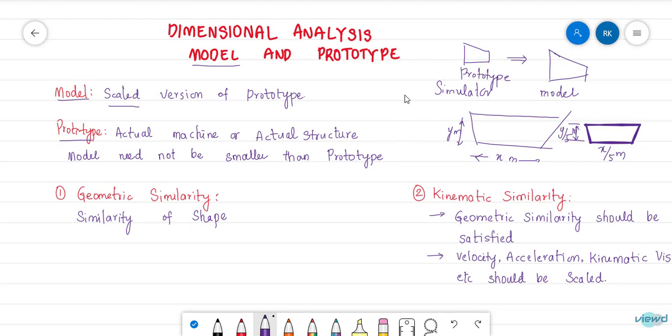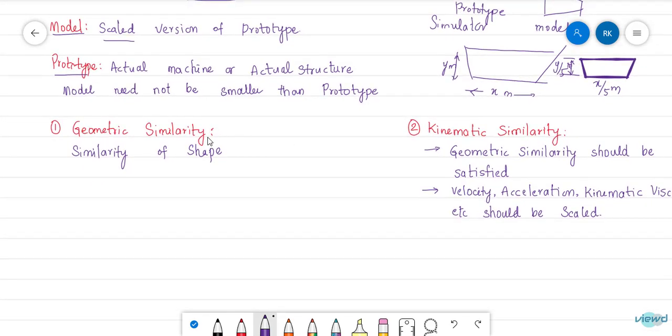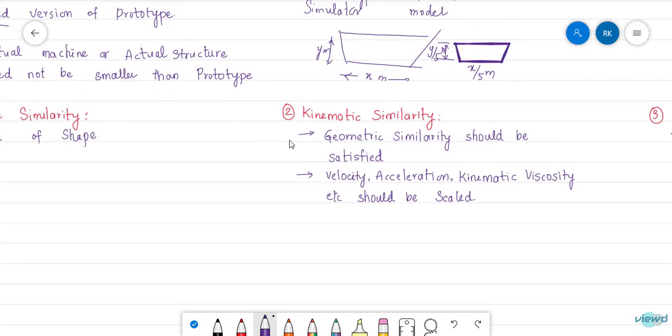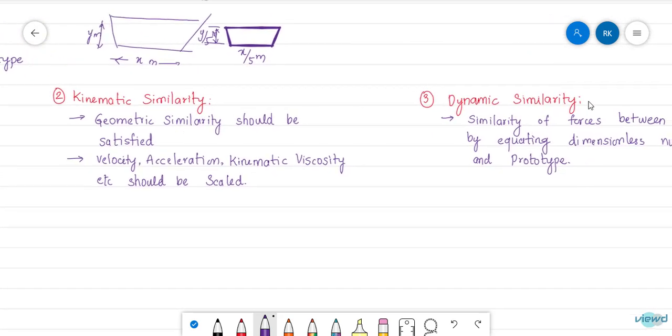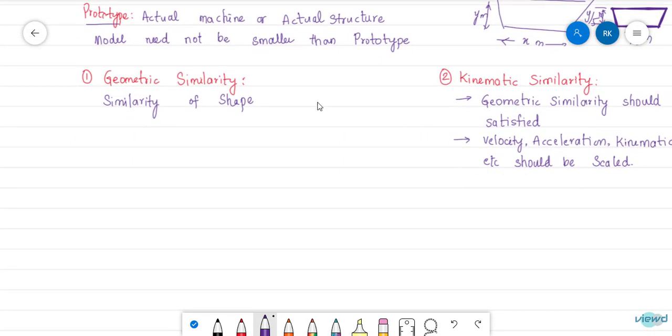So in order to design a model for a prototype, 3 conditions should be satisfied. One is geometric similarity, another is kinematic similarity, and the other is dynamic similarity. Now let us see what is geometric similarity. Geometric similarity is nothing but similarity of shape.